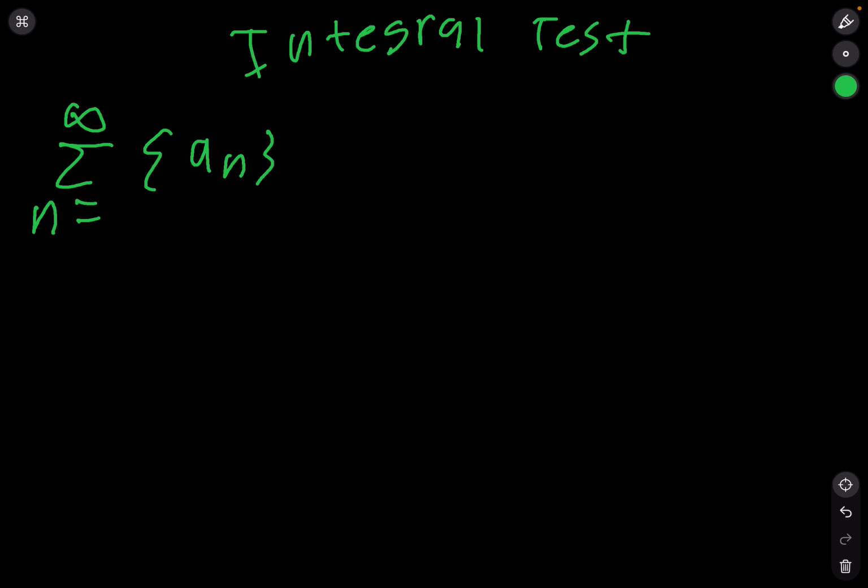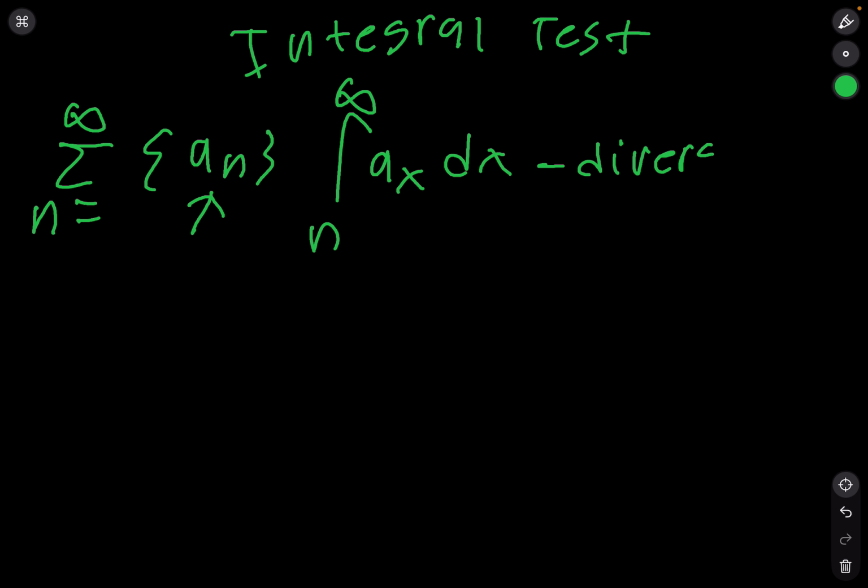If you were to take the same function or sequence that is inside of here and integrate it from your bounds, it supposedly would give you the same answer. Not supposedly, it will. It will give you the same answer as to whether it diverges or converges.